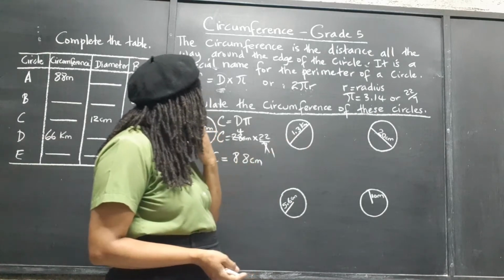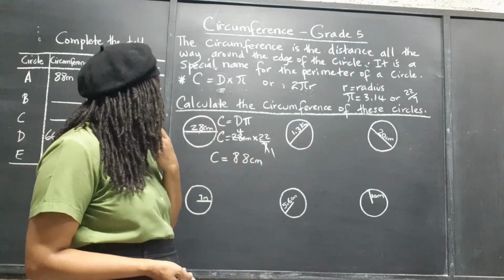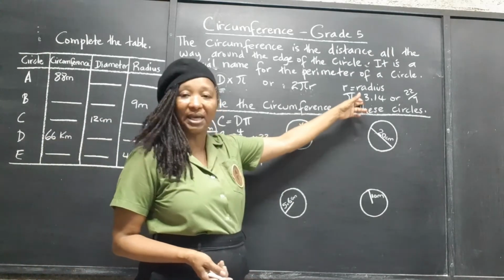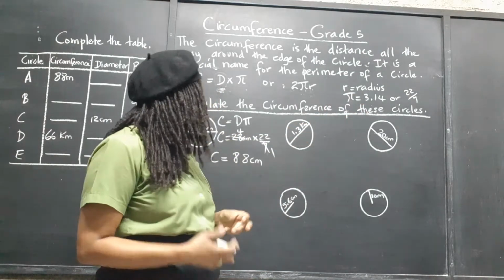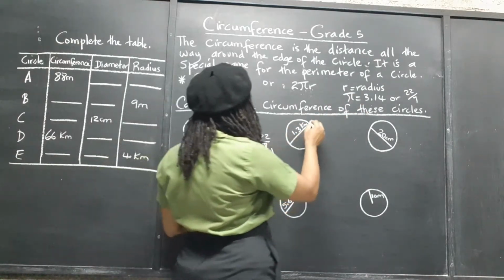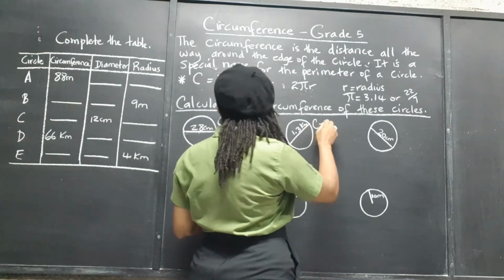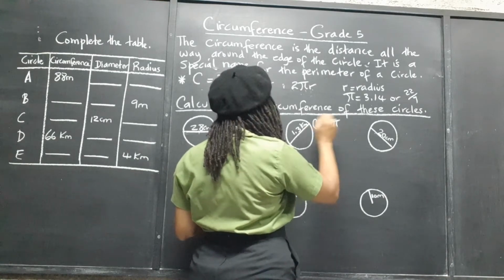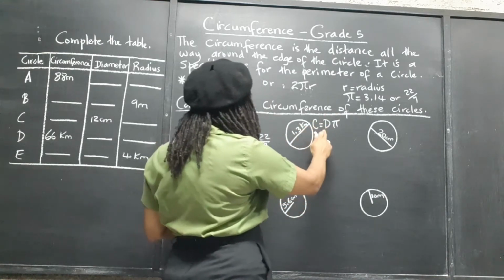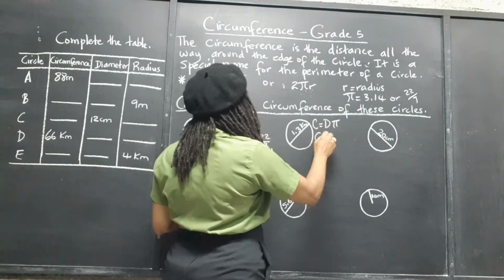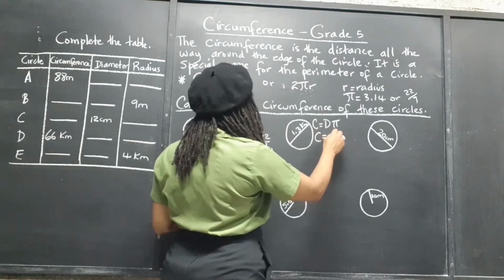Here the diameter is 1.3 kilometers. I'm going to use pi in its decimal form since I'm working with decimals. So again, I like to write my formula that I'm using. Circumference is the diameter times pi. So the circumference is 3.14.